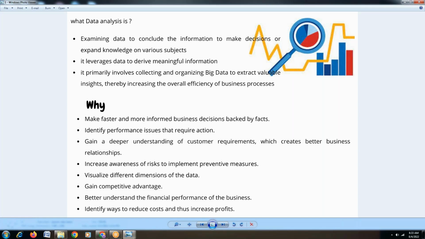At the same time, for any enterprise, they must know about the needs, perceptions, and demands of the customers.